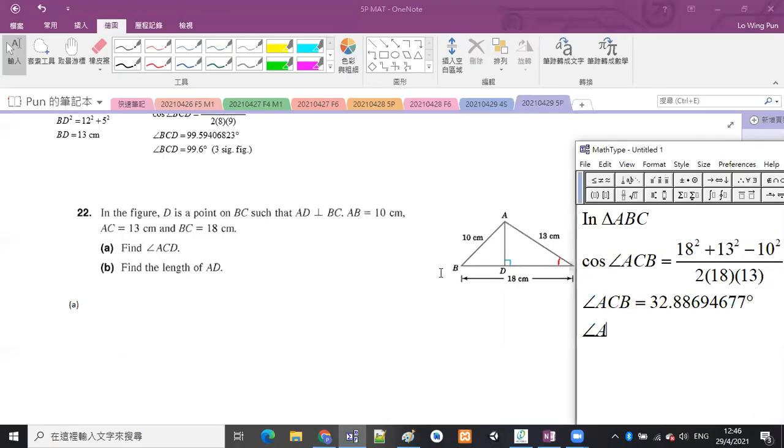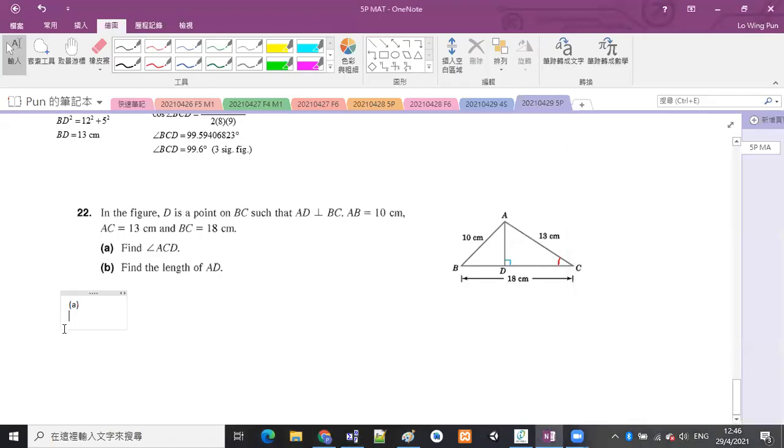Therefore, to write down the answer, we need to correct to 3SF. It should be 32.9 degrees. This one is correct to 3 significant figures, and that is the answer of part A.